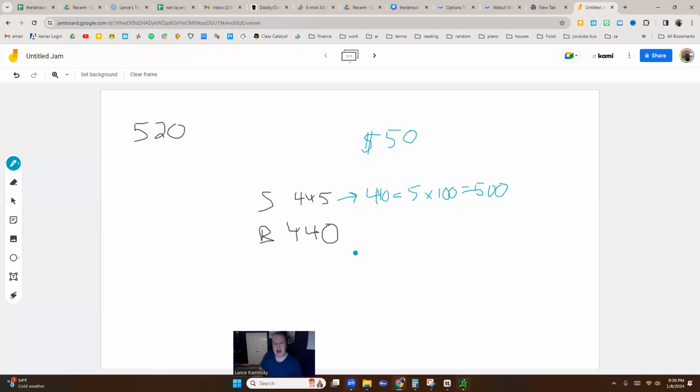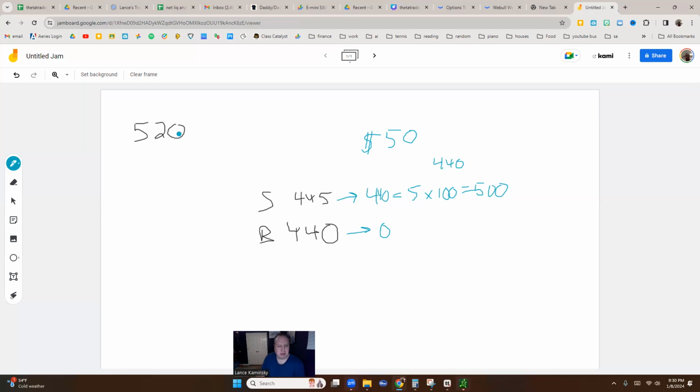If the stock was exactly at 440, the bought put would be worthless, because it's the exact same price. I wouldn't want to buy 100 shares at 440 and then sell them at 440. It doesn't make any difference, right? So this is at the 440 price.